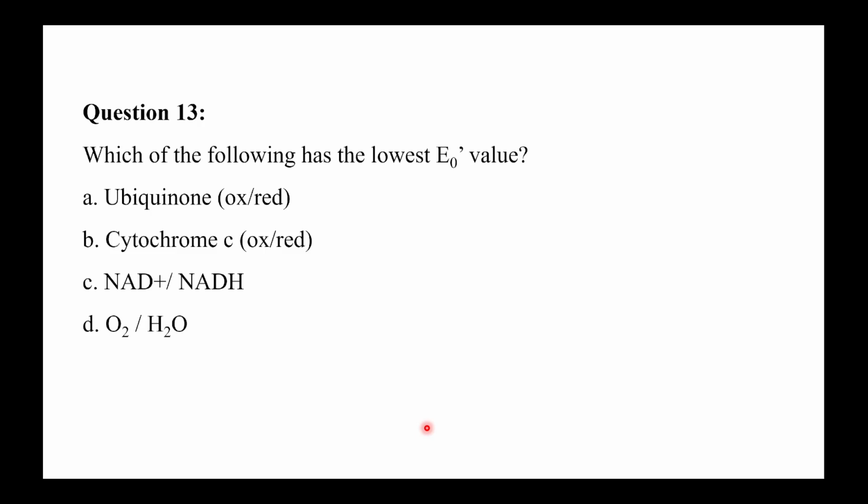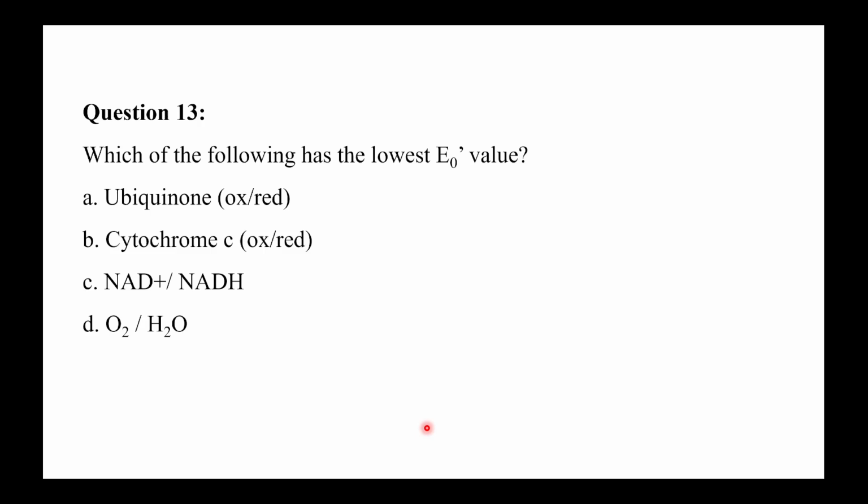Moving on to the next question, question number 13. Which of the following has the lowest E0 value? So it is the redox potential value, the reduction potential. Option A is ubiquinone, oxidized versus reduced. Option B is cytochrome C. Option C is NAD plus and NADH.